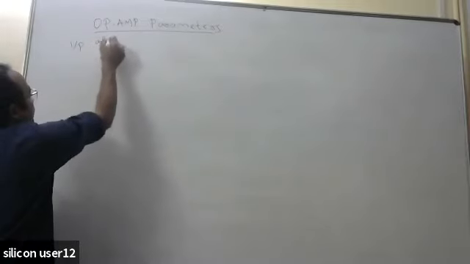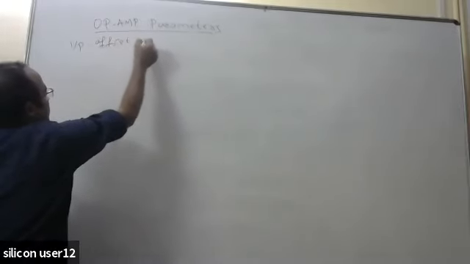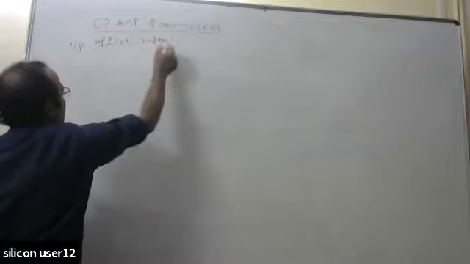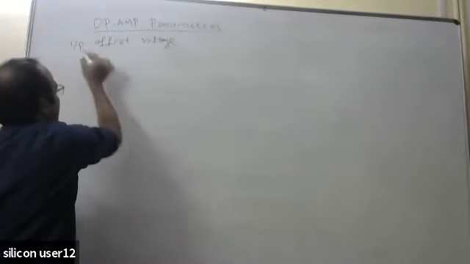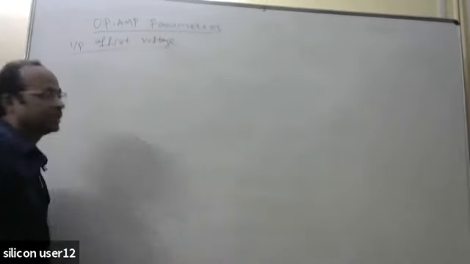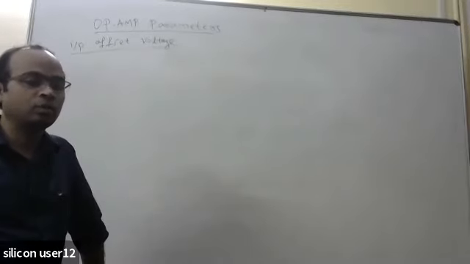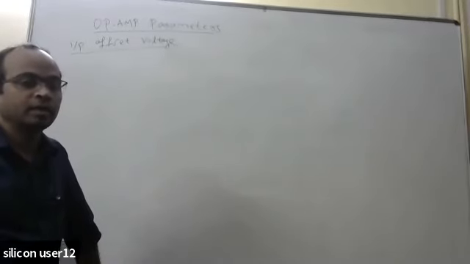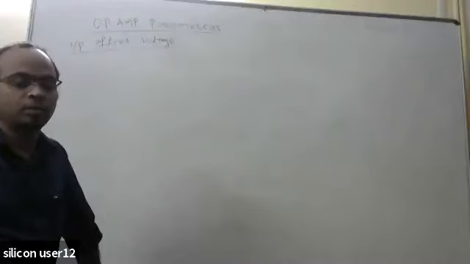Input offset voltage. Basically we'll see four parameters: input offset voltage, output offset voltage, input offset current, and output offset current.